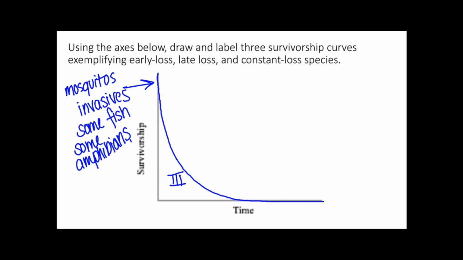The other really common type is that they have a high survival rate as they're older, but they're not going to have as many babies. And this is type 1.